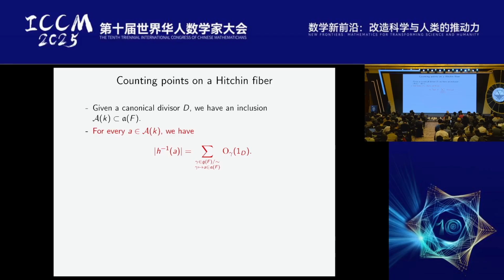And you have a very similar expression for the Hitchin fibers, right? Now we just look at the orbital integrals where gamma is some global conjugacy class with a fixed characteristic polynomial, right? So again, this set can be an infinite set even for SL2, right? There is some very serious Galois cohomology going on.